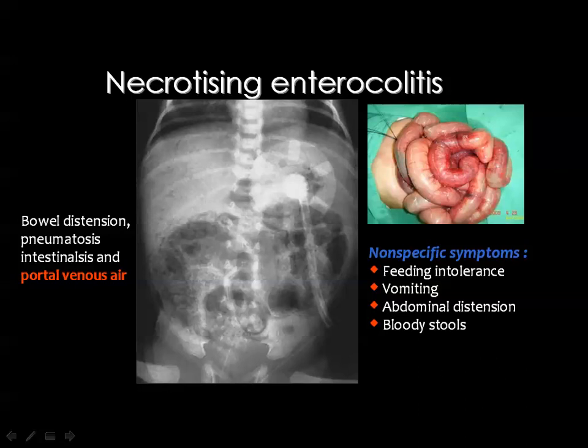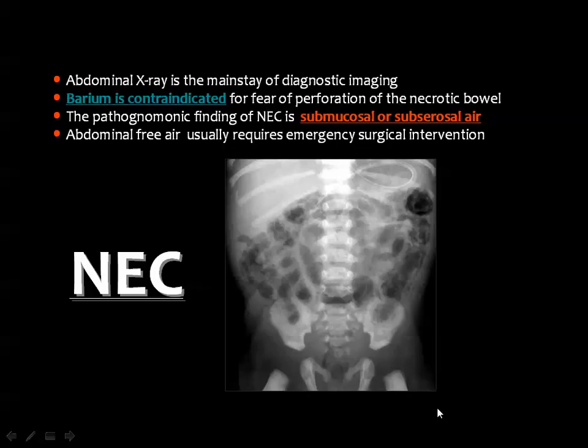Then the symptoms of necrotizing enterocolitis are non-specific. They include feeding intolerance, vomiting, abdominal distension, and bloody stools. The diagnosis is easy from the plain film, and you see air in the wall of the small bowel. You may see air in the portal tracts.